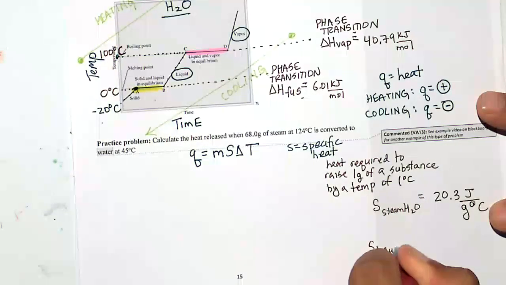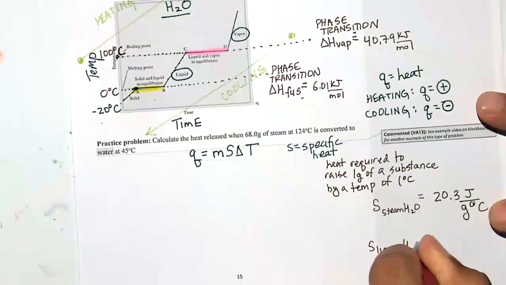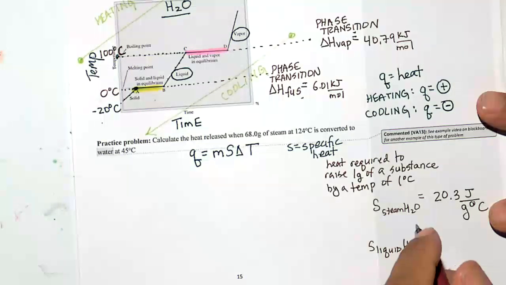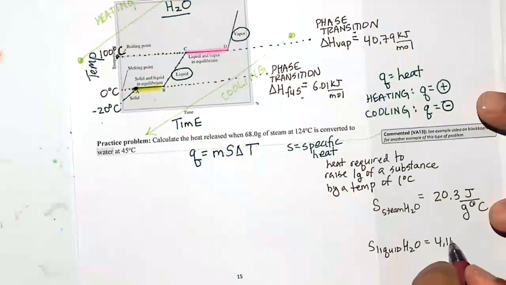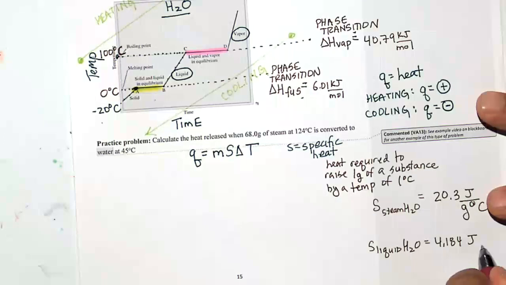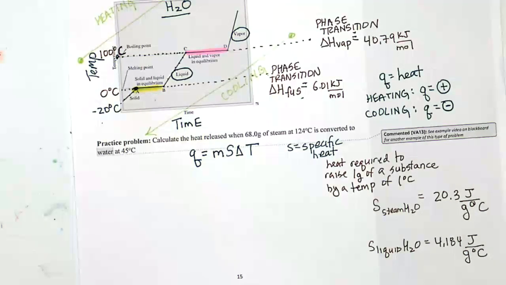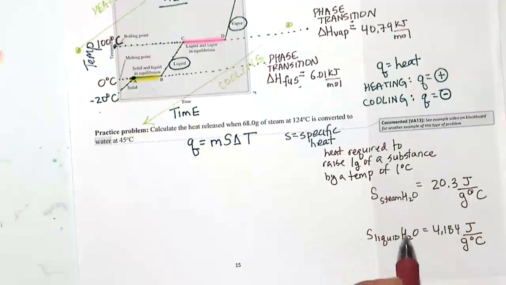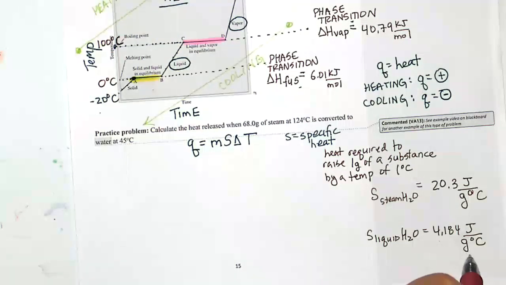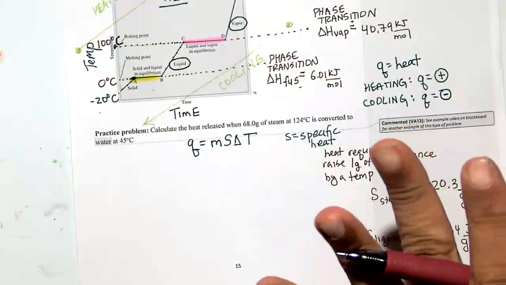Water as liquid: the specific heat of water is 4.184 joules over grams degrees C. So it takes 4.184 joules of energy to raise 1 gram of liquid water by 1 degree C.